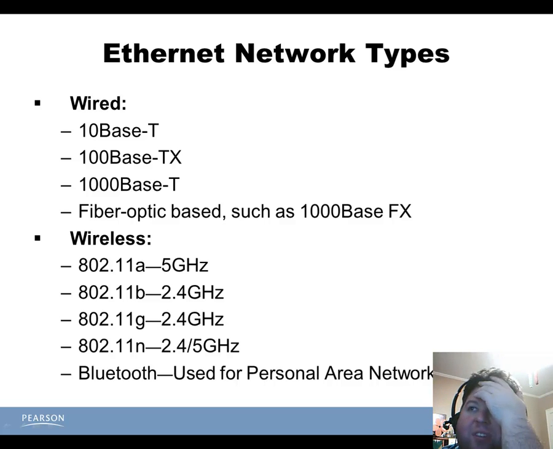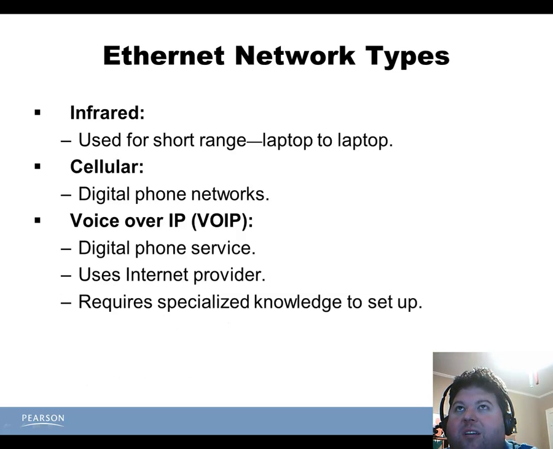And there are tons of different network types. For wired, they only listed a few here. Luckily, this test won't get into them in detail, but there are tons of different standards that you could look at here. Other types, cellular is becoming popular. You can do Ethernet over 4G.